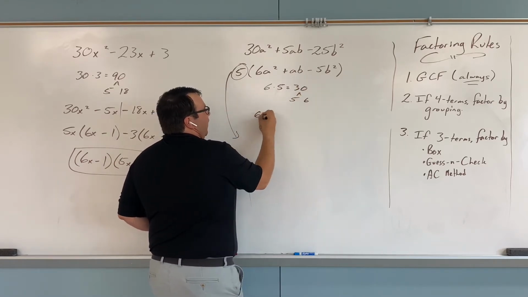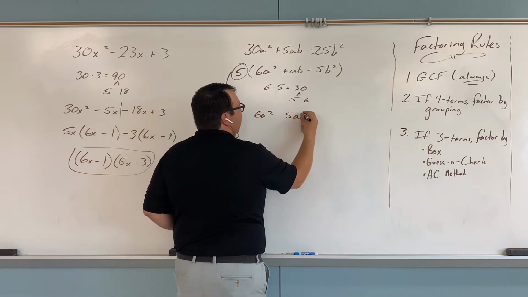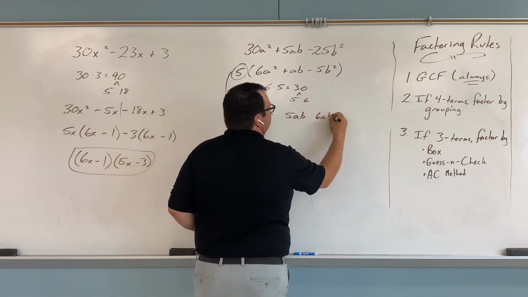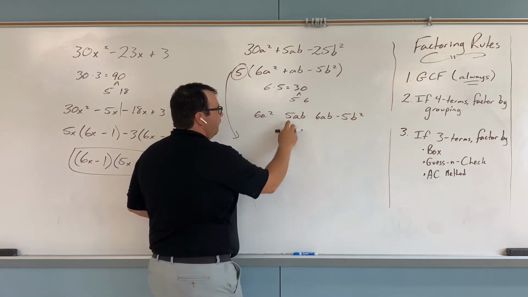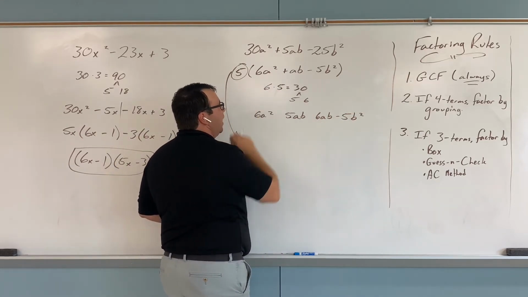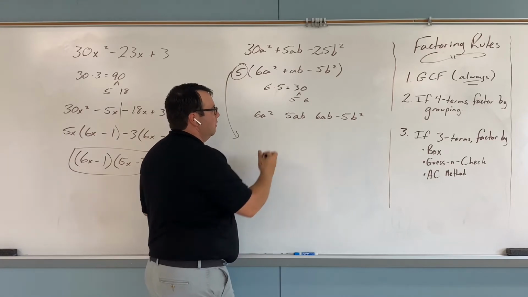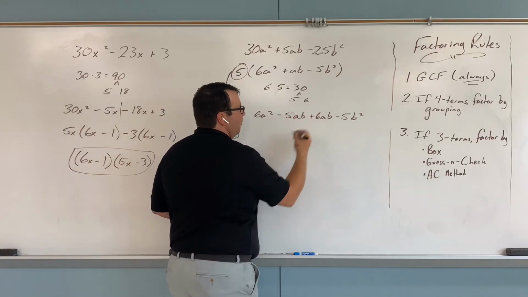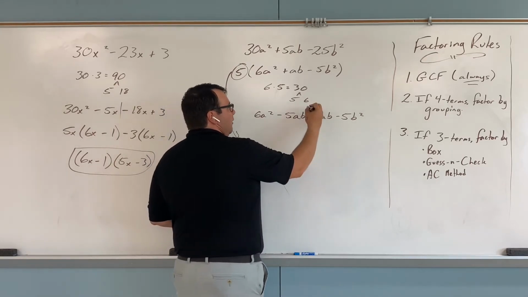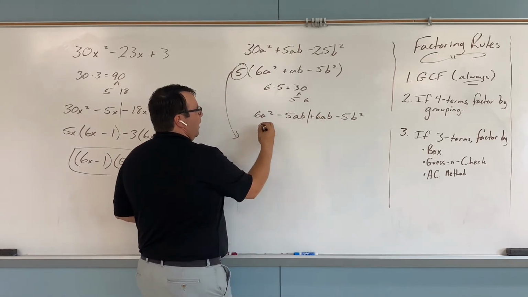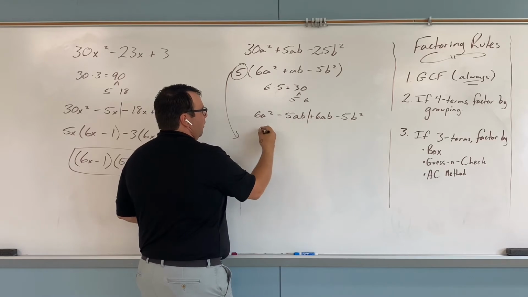So I have 6a squared, 5ab, 6ab, minus 5b squared. Now from these two, how do I get a positive ab? Well, that has to be negative, this has to be positive. That's what it looks like to me anyway. Math Ninja, I have a in common here, so that's it.